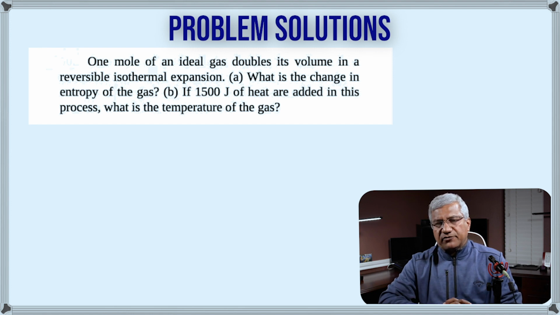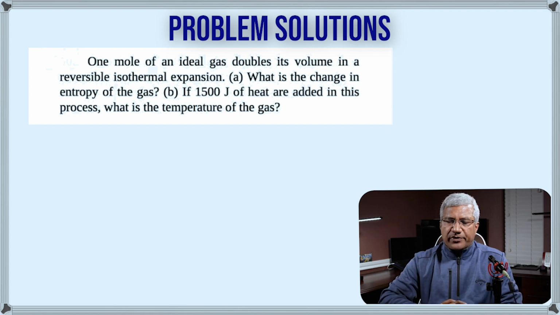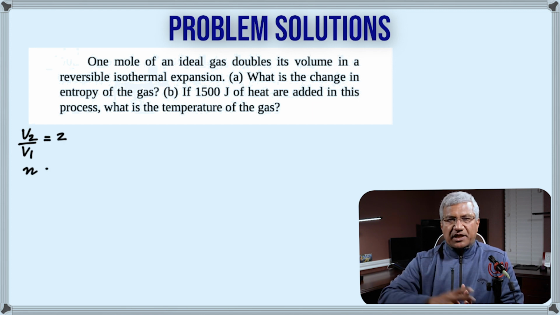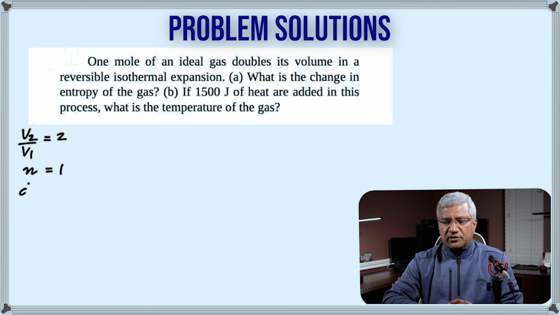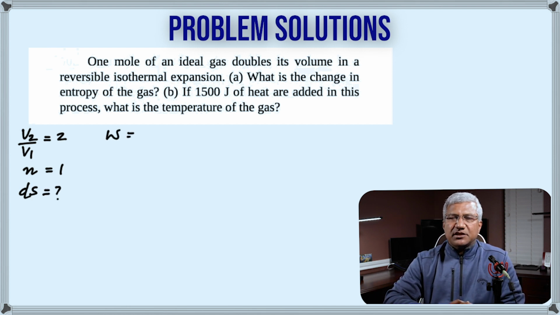Let's do the A part first, and then we'll look at the B part. So similar to the last question, but not exactly the same. So V2 by V1 is 2, because it's expanding in this case. N is 1 mole, and the change in entropy, dS, is dQ by T.